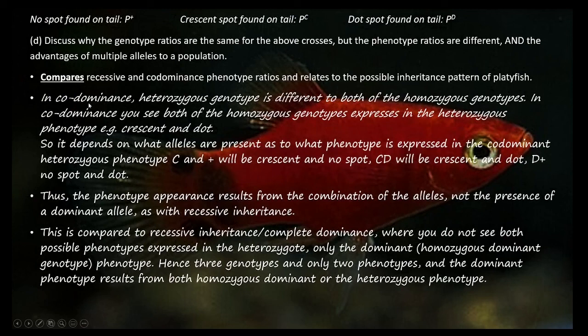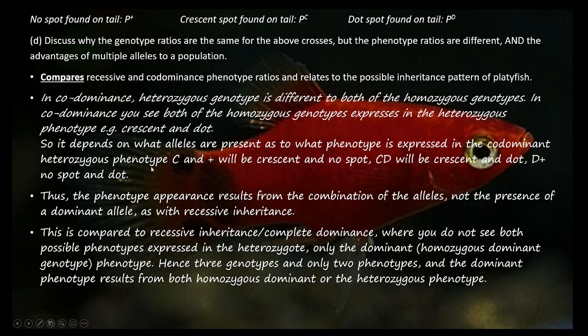In codominance, remember, the heterozygous genotype is different to both of the homozygous genotypes. In codominance you see both the homozygous genotypes, in other words, you see both dominant alleles expressed in the heterozygote. For instance, the crescent and the dot. We've already said that. So it depends on what alleles are present as to what phenotype is expressed in the codominant phenotype.